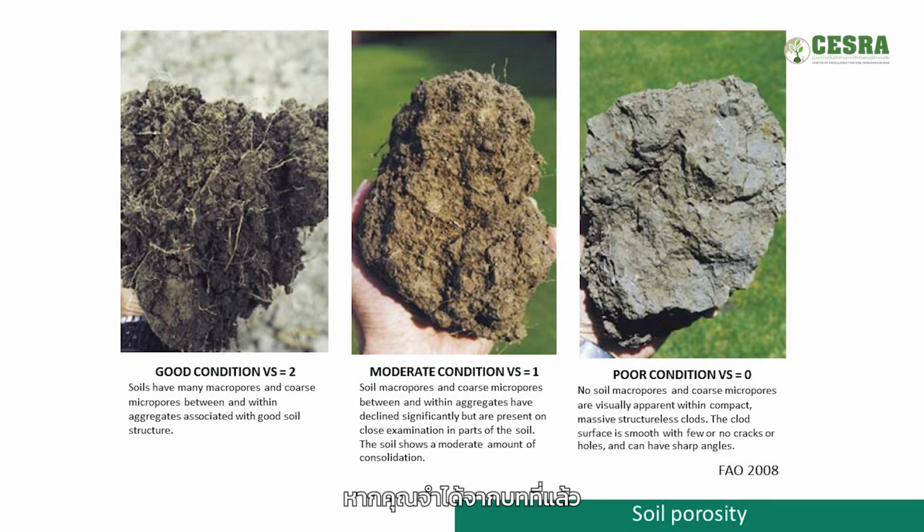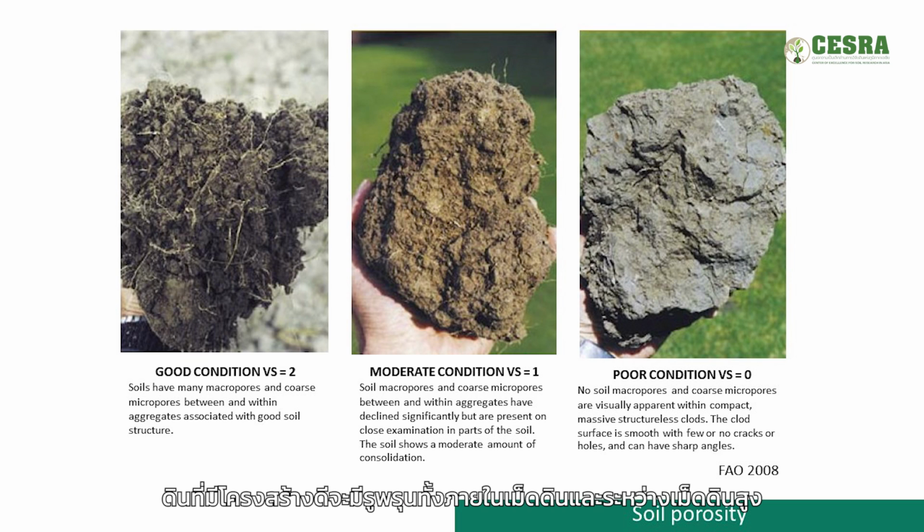Soil porosity: if you remember in the previous chapter, we talked about the soil components, water and air, which occupy the porosity of the soil itself. Now let's get started a little bit further. Soil porosity, and particularly macroporosity, influences the movement of air and water in the soil.